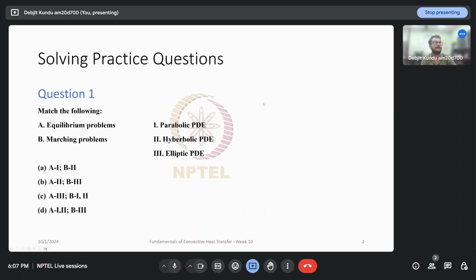We will first look at problem number 1. This week the discussion has been on numerical solutions of heat transfer problems, specifically convective heat transfer problems. Up until this week, we have been looking at analytical solutions, but there are many cases where we cannot go forward with analytical solutions, which is why we have to rely on numerical solutions.